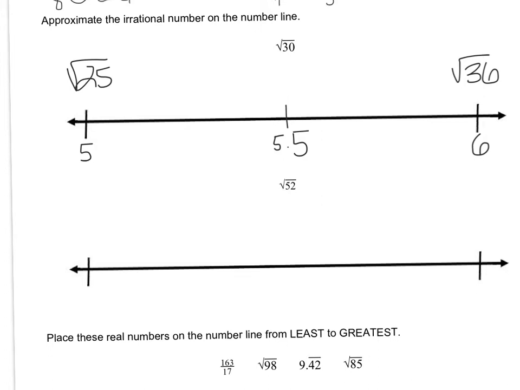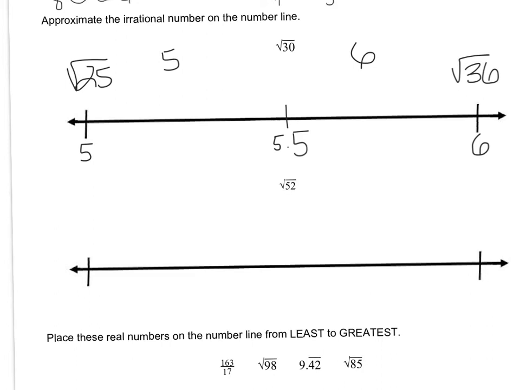We know that we need to figure out what the square root of 30 is closest to. If you took 30 minus 25, you would get 5. So it's only 5 away. If you took 30 and you subtracted it with 36, you would get 6.